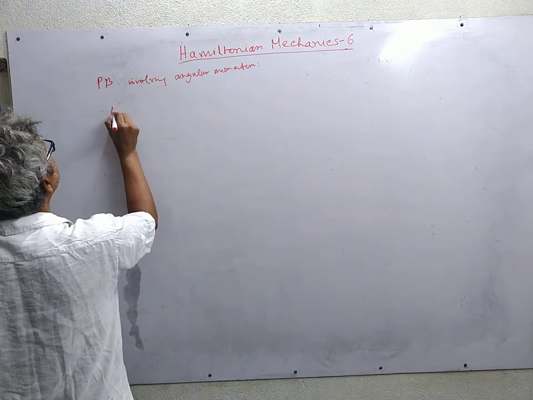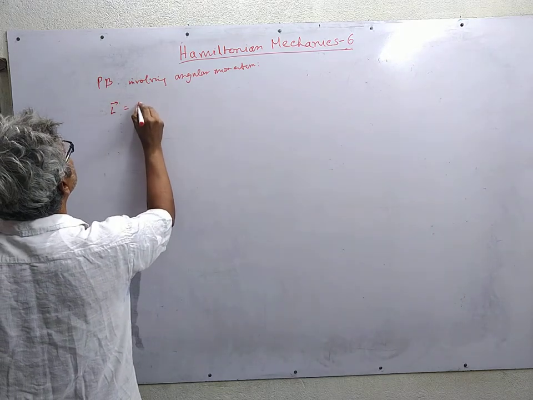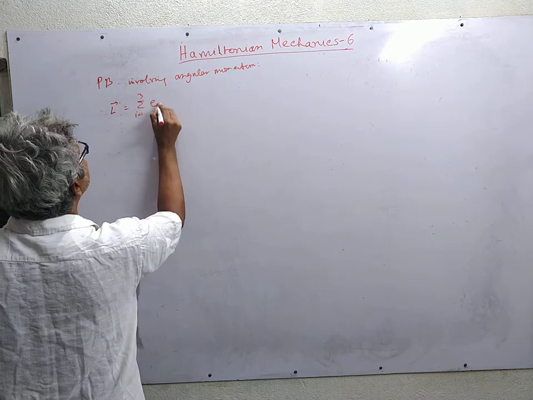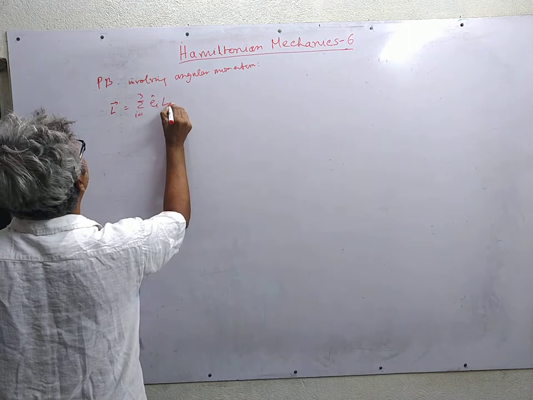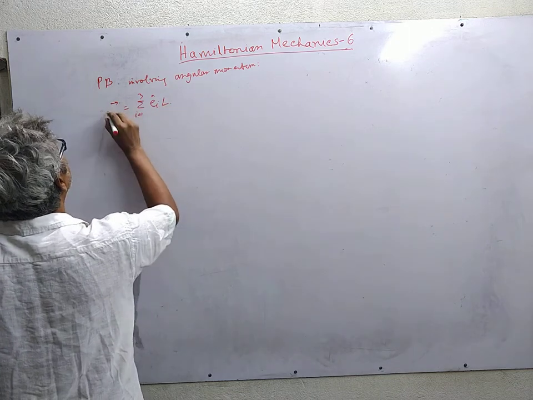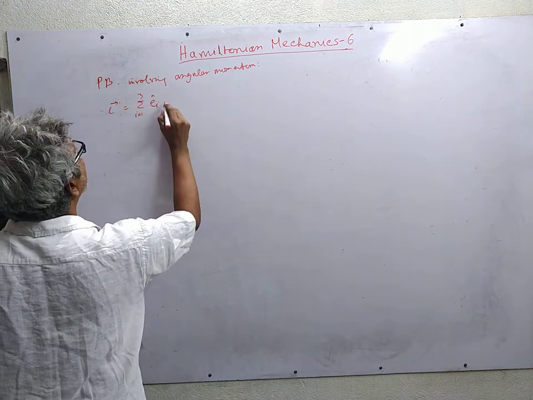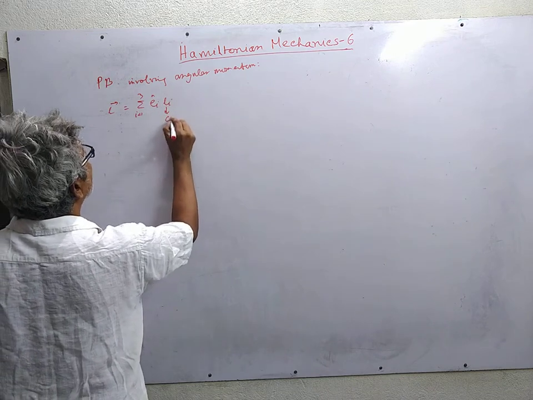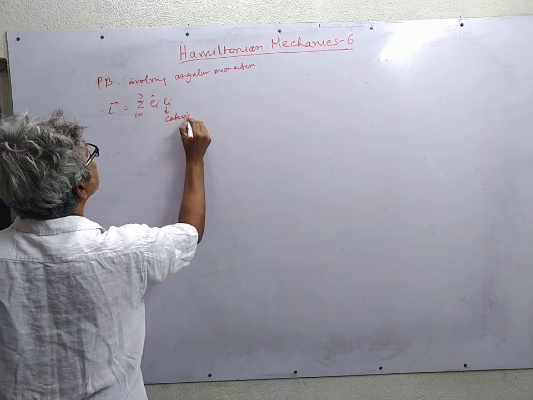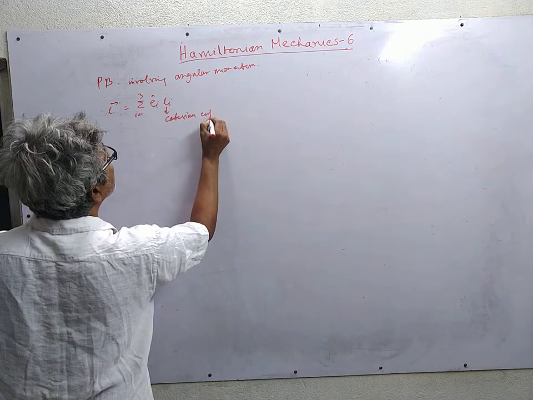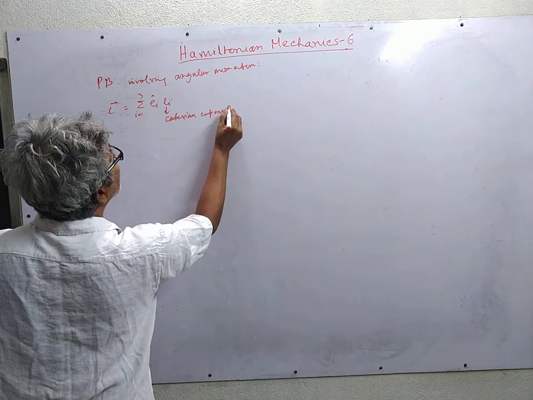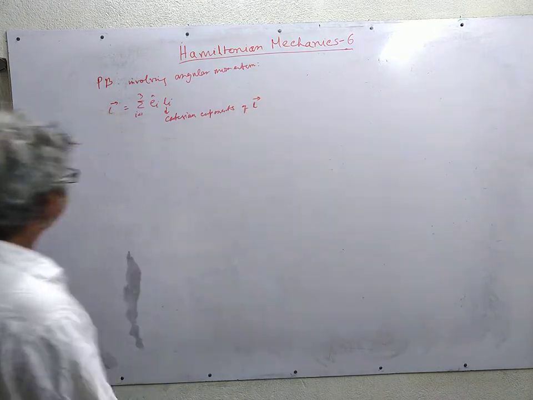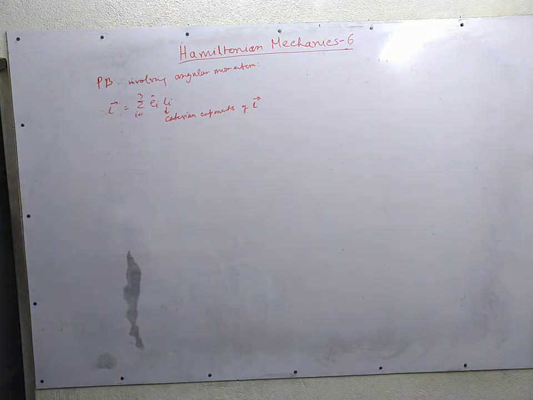We write L is equal to the summation over i equal to 1 to 3 of e_i cap L_i. So L_i are the Cartesian components of the L vector. In quantum mechanics, they were operators.